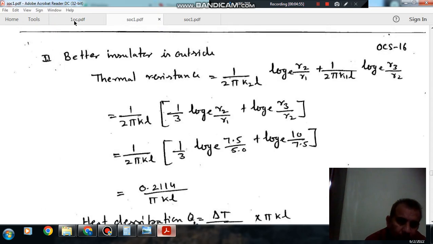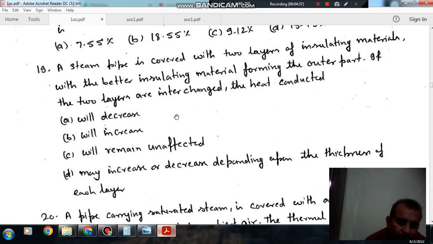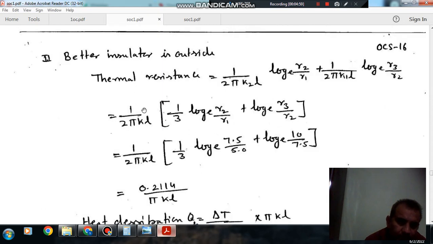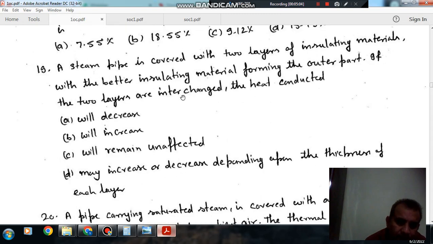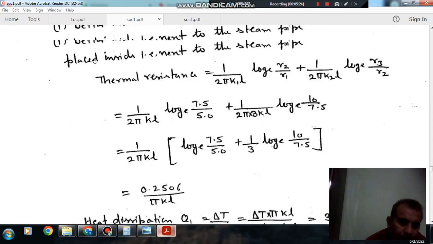In the last question we have seen that when the better insulator is placed inside, the heat transfer is less. Here, when the better insulating material forms the outer part, the heat transfer is more, and when it is interchanged with the inner part, heat transfer will decrease. So the answer to question number 19 is A and the answer to question number 18 is B.